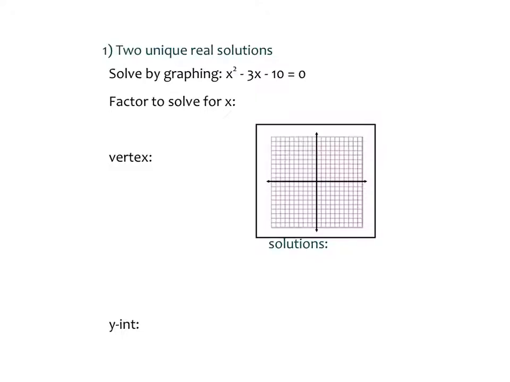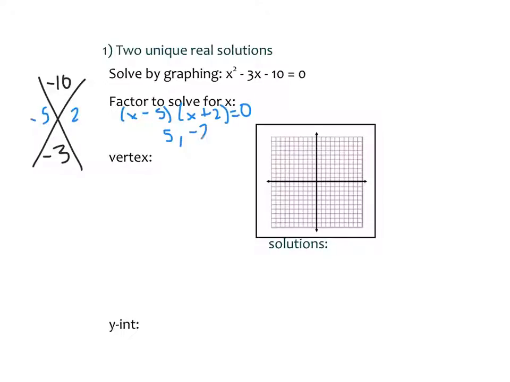So I am going to use the diamond method, again, because I have a 1 in front of x squared, so I can use a diamond method, and I'm going to say factors of negative 10 that when added together give me negative 3, and good job, you guessed it, which is negative 5 and 2, so I'm going to set x minus 5 and x plus 2 equal to 0, and my two solutions are 5 and negative 2.